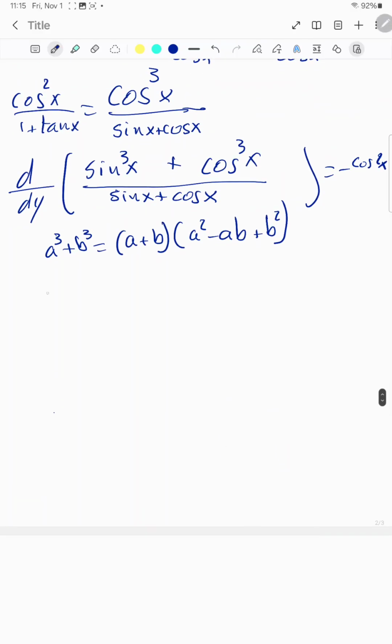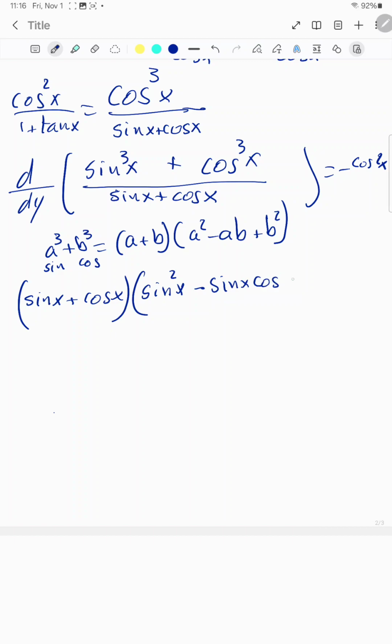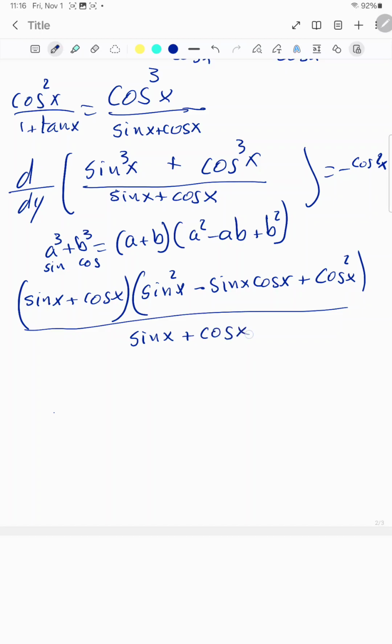So my sine to the power of 3x plus cosine to the power of 3x becomes sine x plus cosine x multiplied by sine to the power of 2x, because this is sine and this is cosine, minus sine x cosine x plus cosine to the power of 2x. And all that divided by sine x plus cosine x.